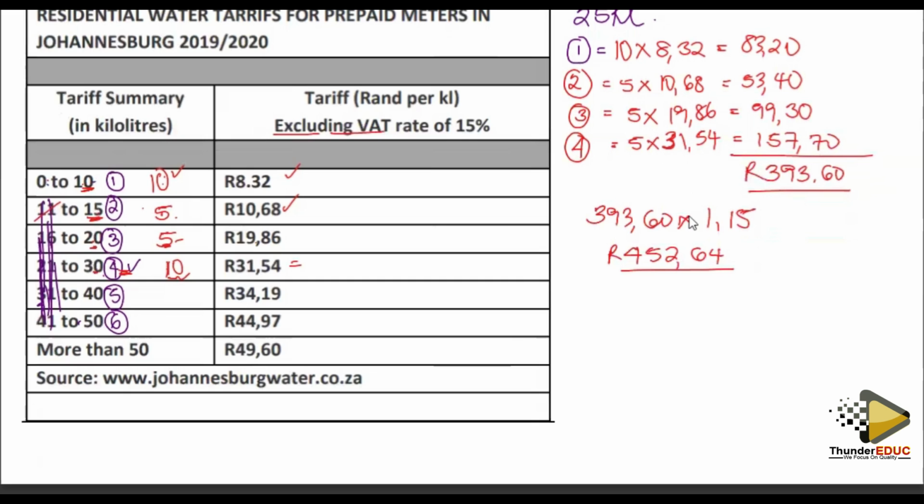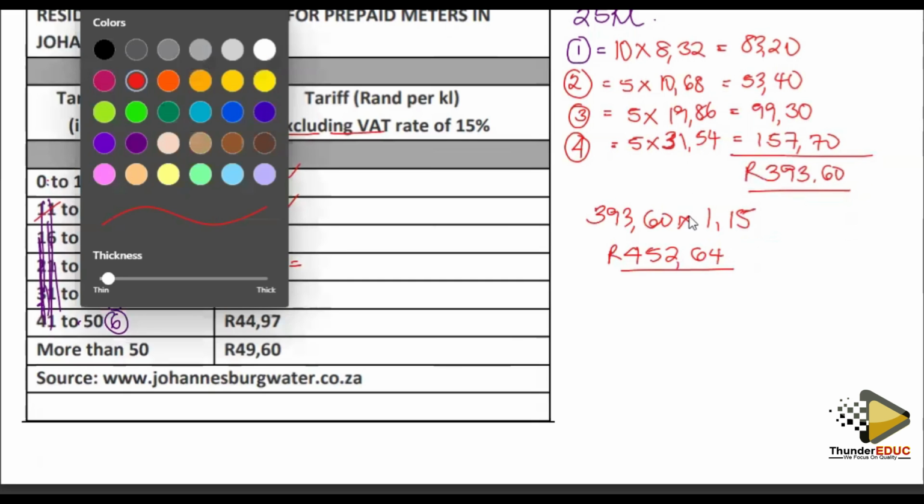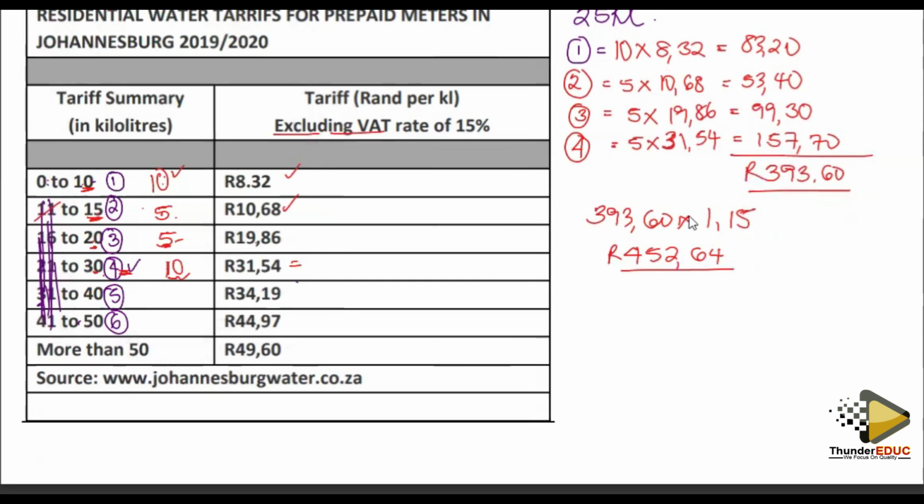Someone might ask us, what about if you've used, let's say, 15 kiloliters? This simply means you're only going to use 10 times 8,32. Now the first 10, then what's remaining? 5. 5 has been pushed to bracket number 2.